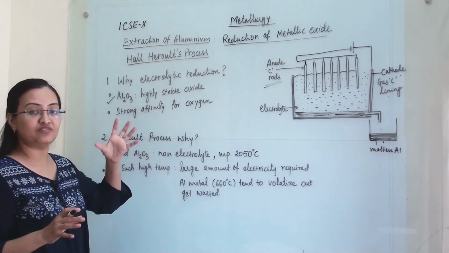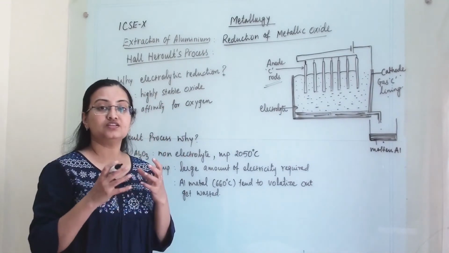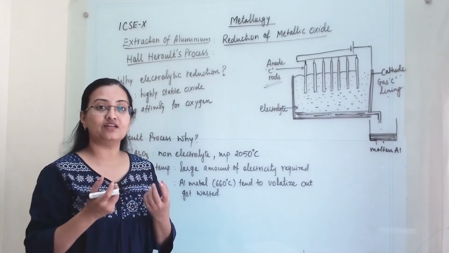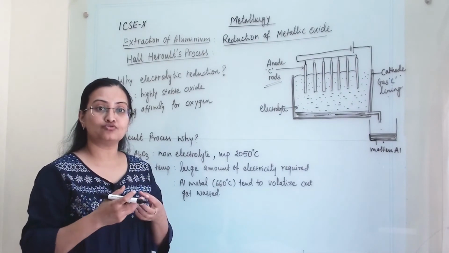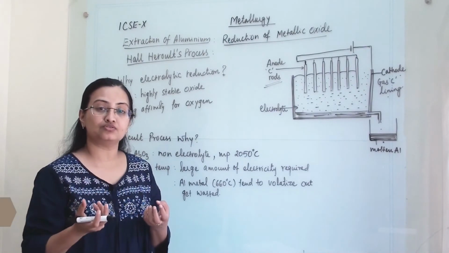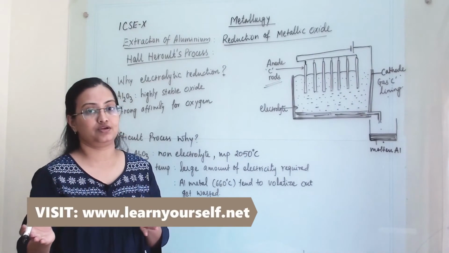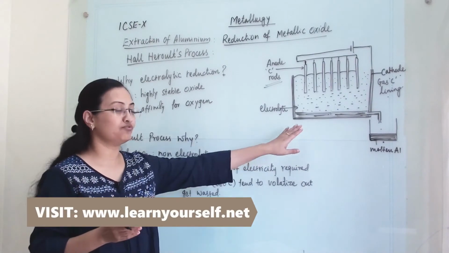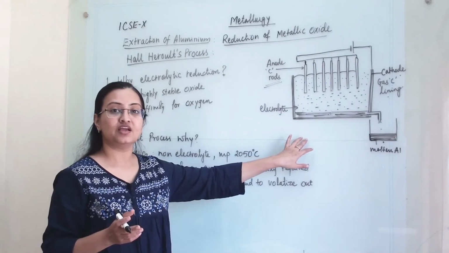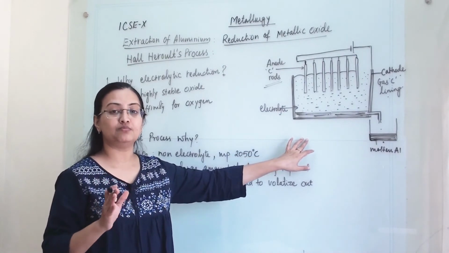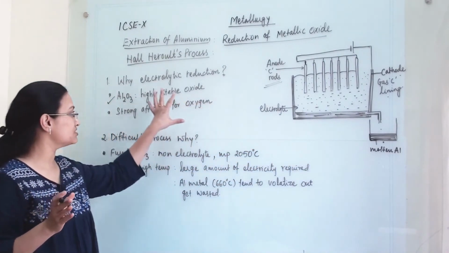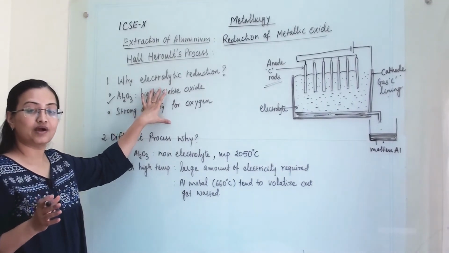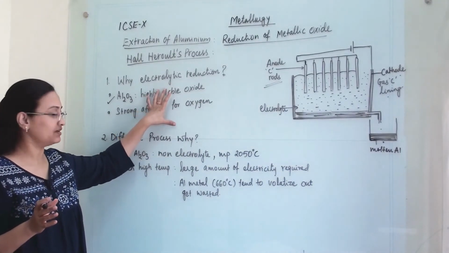So this is a very stable compound, and it is not possible to break it down or decompose it, or to separate aluminium from oxygen with a simple chemical reaction. That's why we are performing electrolytic reduction to separate the aluminium metal from the oxygen. This is a very important reason why we perform electrolytic reduction.